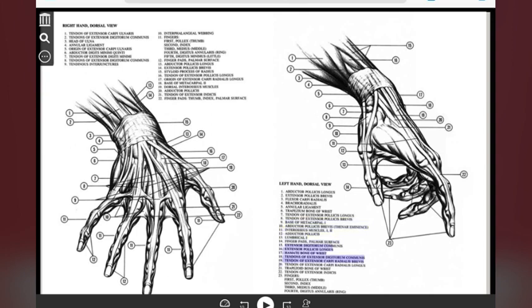Extensor digitorum communis, extensor pollicis longus, hamate bone of wrist, tendons of extensor digitorum communis, tendon of extensor carpi radialis brevis. Tendon of extensor carpi radialis longus, trapezoid bone of wrist, tendon of extensor indicis. Fingers: first, pollex, thumb; second, index; third, medius, middle; fourth, digitus annularis, ring.